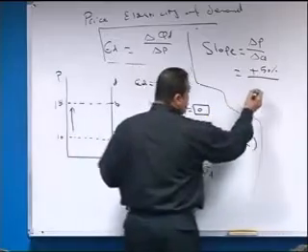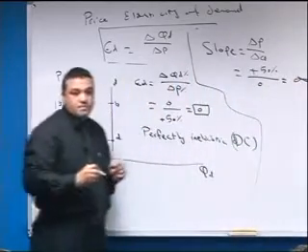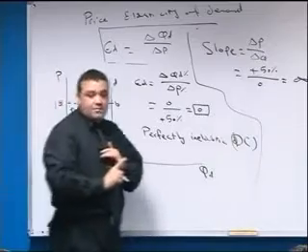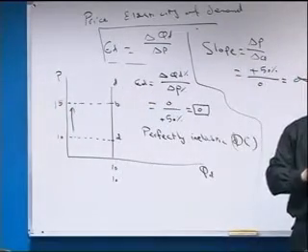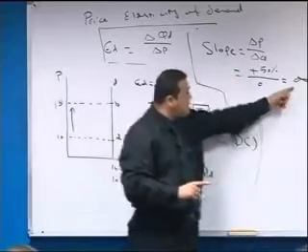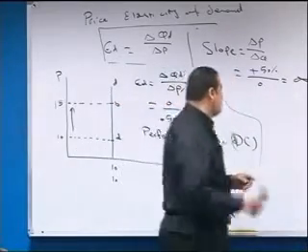So the change in the quantity demanded equals 0, so it would be infinity. If the demand curve is perfectly inelastic, the slope would equal infinity. Let's go to the last case.